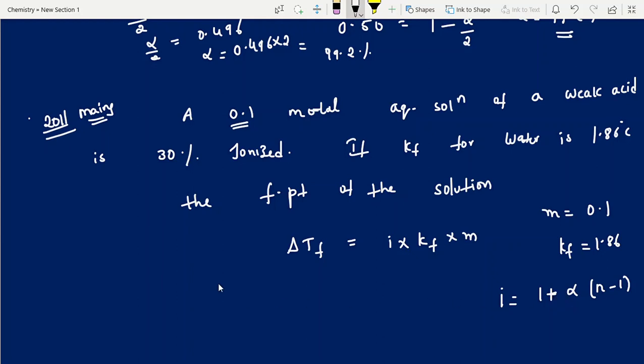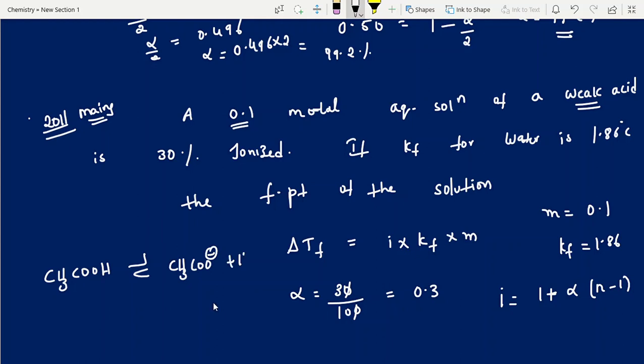Alpha, how much do they give? Alpha equal to 30 by 100, 30% ionized, so 3 by 10 means 0.3. Alpha you know. What about n? For a weak acid, any weak acid like acetic acid, CH3COO minus plus H plus, two particles, so n equal to 2.